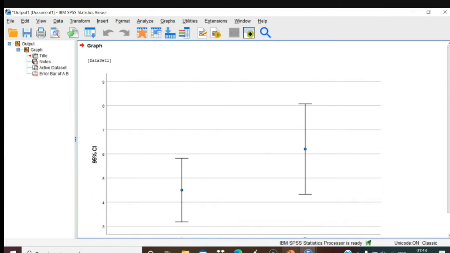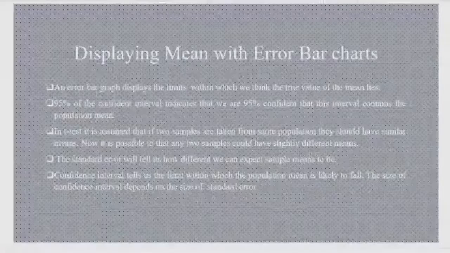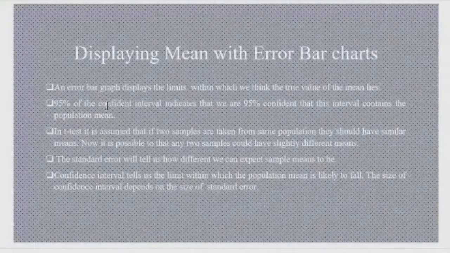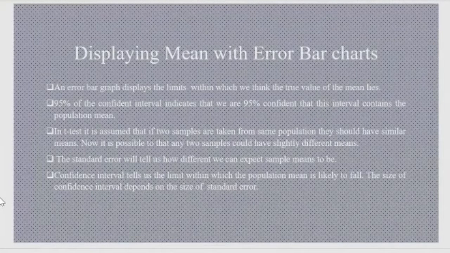So a 95% confidence interval means we are 95% confident that this interval contains the population mean. In 95% of the cases out of 100, we can say that the population mean will be within that range. And in 5% of the cases, there is a chance that the mean will not be there, but that 5% we can tolerate.